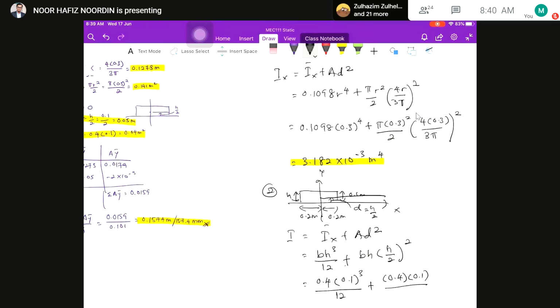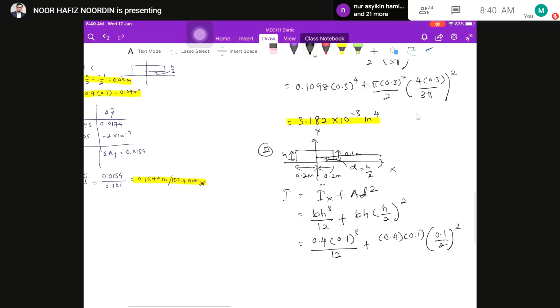Okay, and then 0.1 divided by 2 for d. Okay, so the value of Ix for rectangular is 1.33 times 10 power of negative 4 meter power of 4.